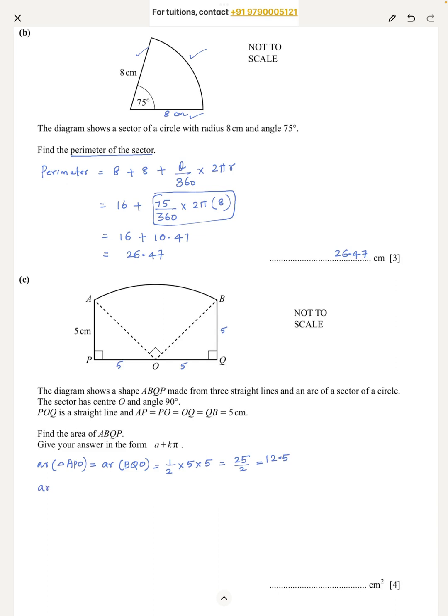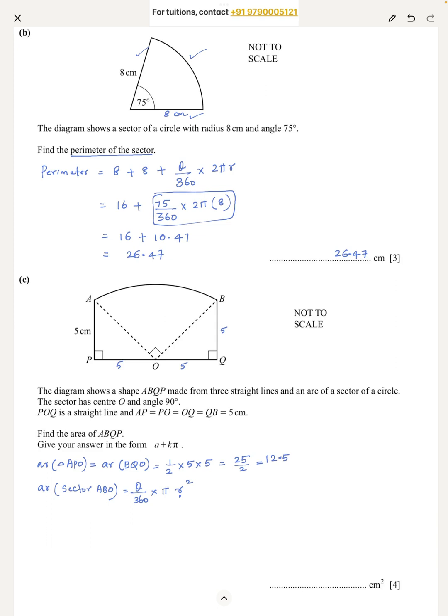Then area of that sector ABO, which is theta by 360 into pi r square. We don't have this r.